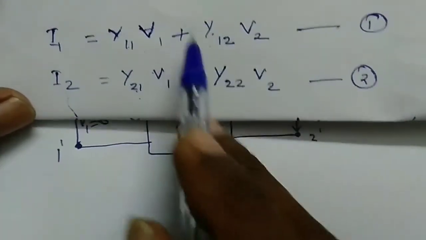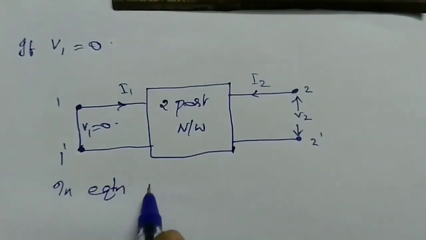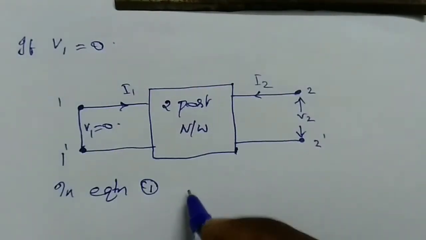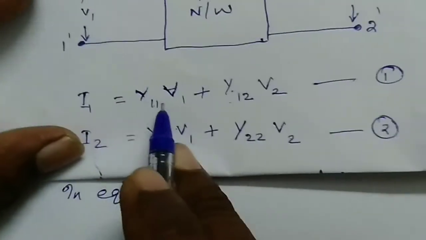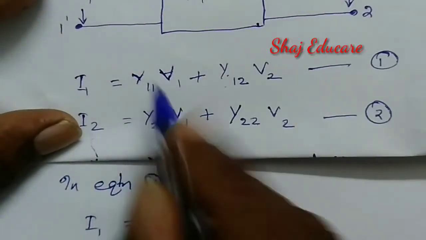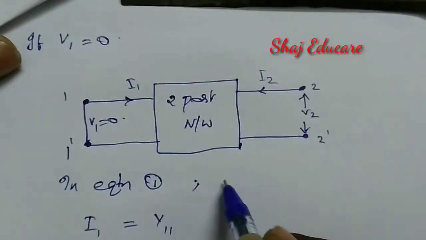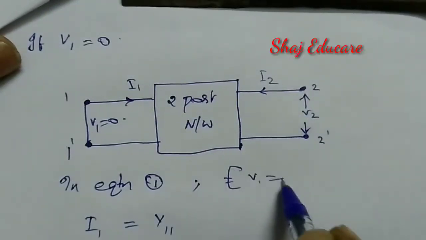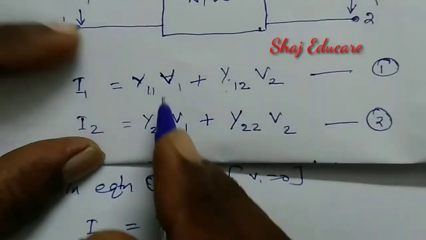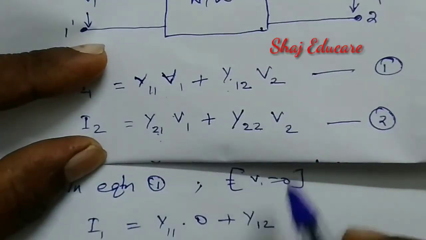Now let us discuss one by one. In equation 1, what will happen if V1 is equal to 0? Here, this is equation number 1. Then I1 is equal to y11 into V1, and V1 is equal to 0 here, so this term will be into 0. Then plus y12 into V2.